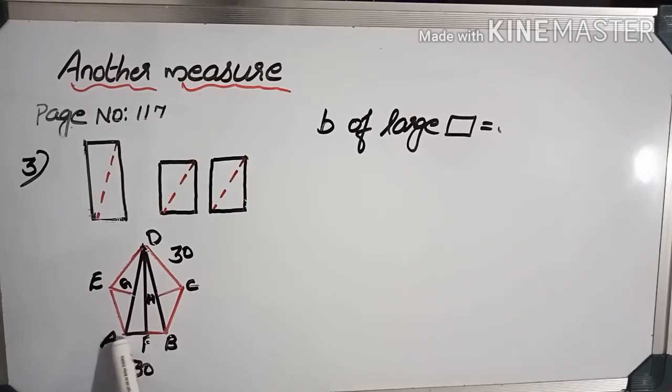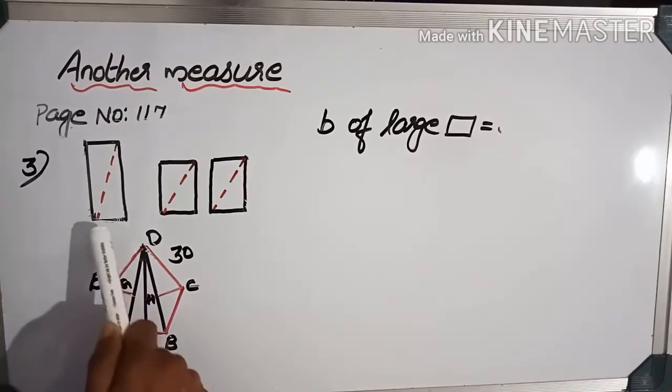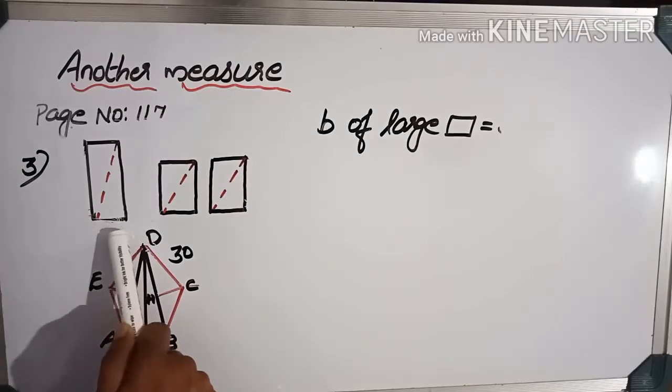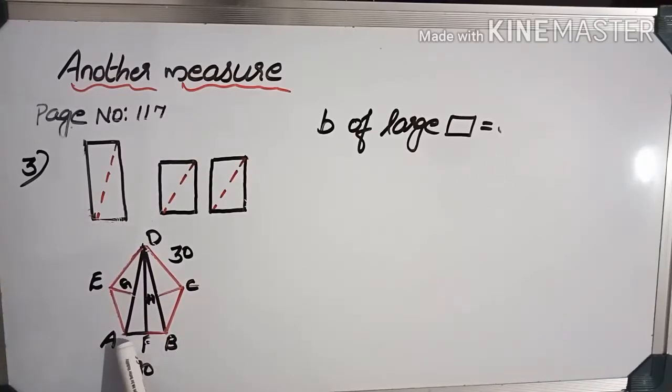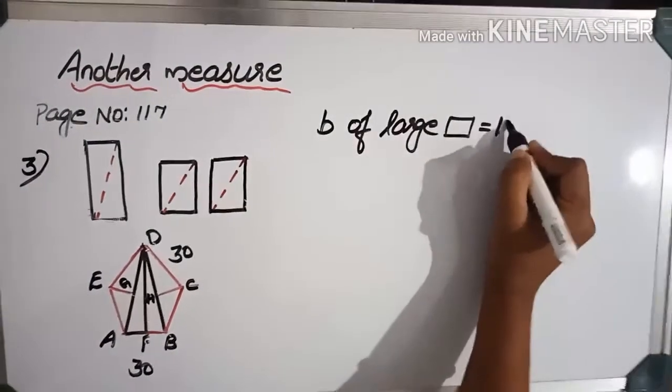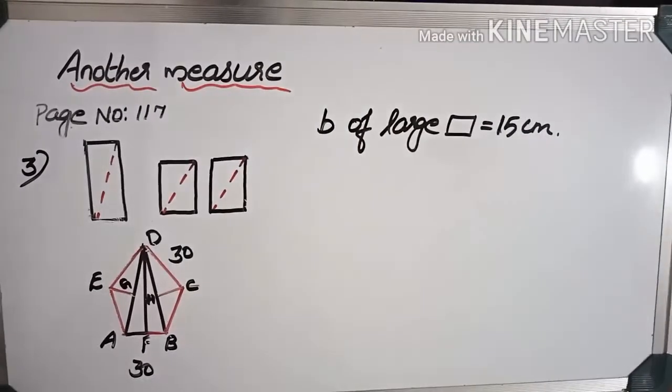This AF portion is the same as the breadth of this large rectangle. As it is a regular pentagon, this perpendicular line will divide it into equal parts, that means one portion will be 15. So the breadth of the large rectangle is 15 centimeter.